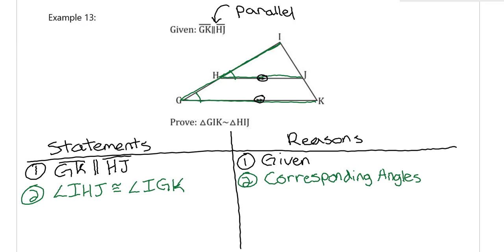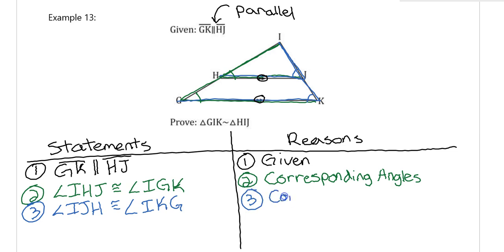Well, that's only one set of angles. I can't prove anything about a triangle yet. I need at least two sets of angles. So remember, I have the angles on the other side: angle IJH and angle IKG. Remember, the order of the letters is important. Those are also corresponding angles.